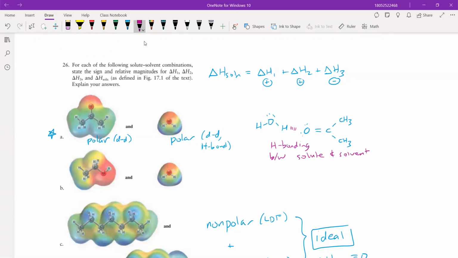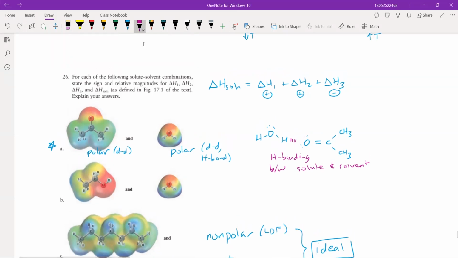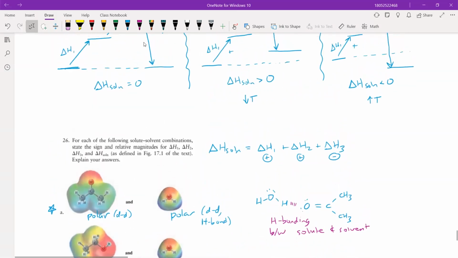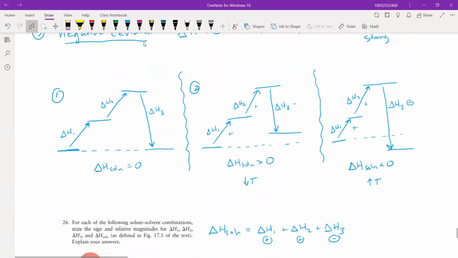And because it's a relative concept, that's what you want to keep in mind: from the acetone perspective, you put some energy in to break it apart, but when you put it with water, you're actually recovering more energy because you're getting extra forces that weren't present in just the acetone by itself.